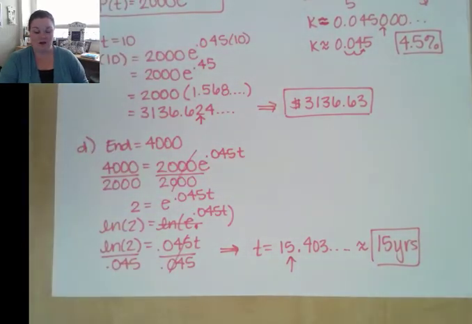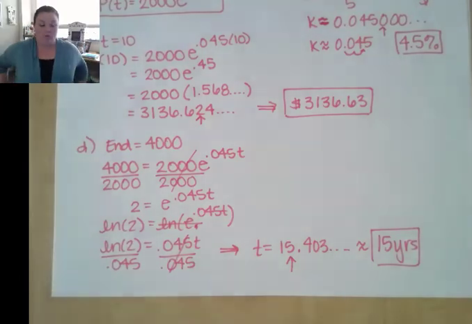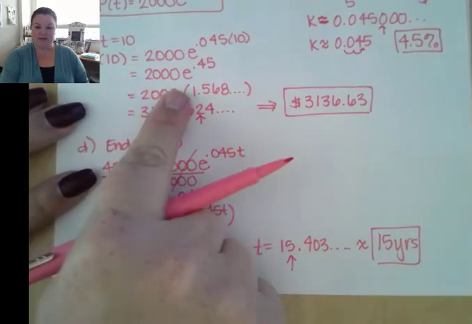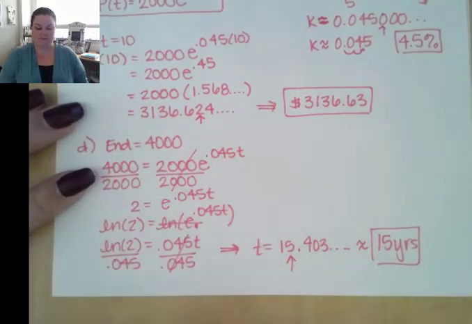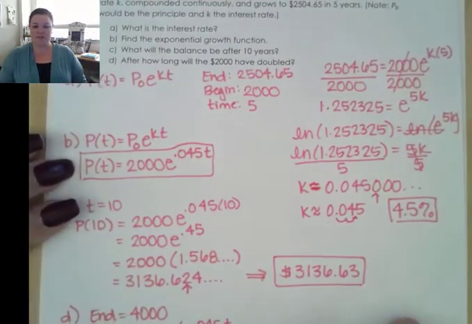Okay? All right, so I want to look at one that basically does the exact same thing we did here. One where we have to first find the interest rate so that we can come up with our growth function or decay function. Okay, and then once we have our function, then we can either plug something into it or set it equal to something. Now, this one was kind of nice because we were dealing with money.